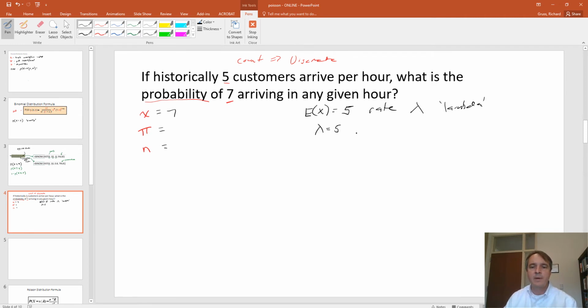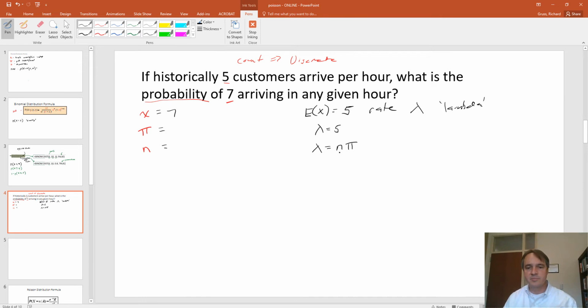Now remember that we're treating this as a binomial problem. In a binomial distribution, the expected value is equal to n times pi. For example, if your probability of succeeding at each basket attempt is 0.5 and you try 10, then you can expect 5 successes.